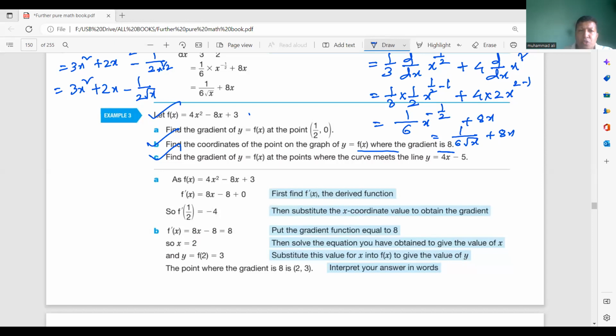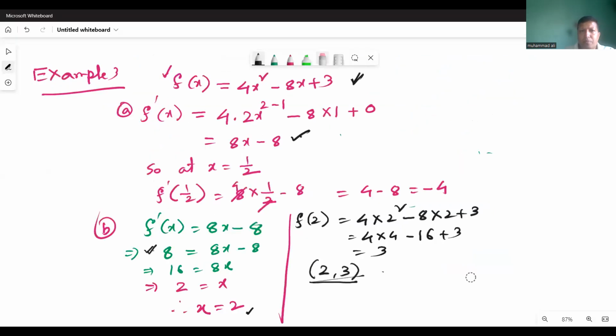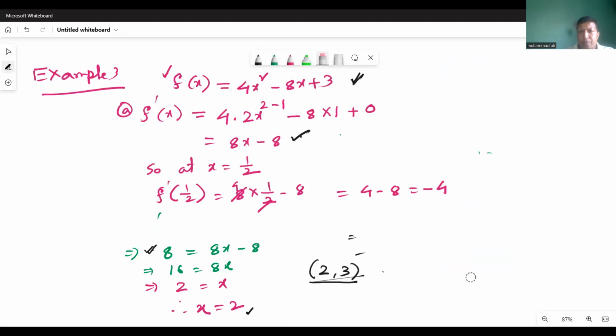They said in this question, find the gradient at the points where the curve meets the line. So where this curve and that line meet, we should find both of these intersection coordinates. How? Now see.